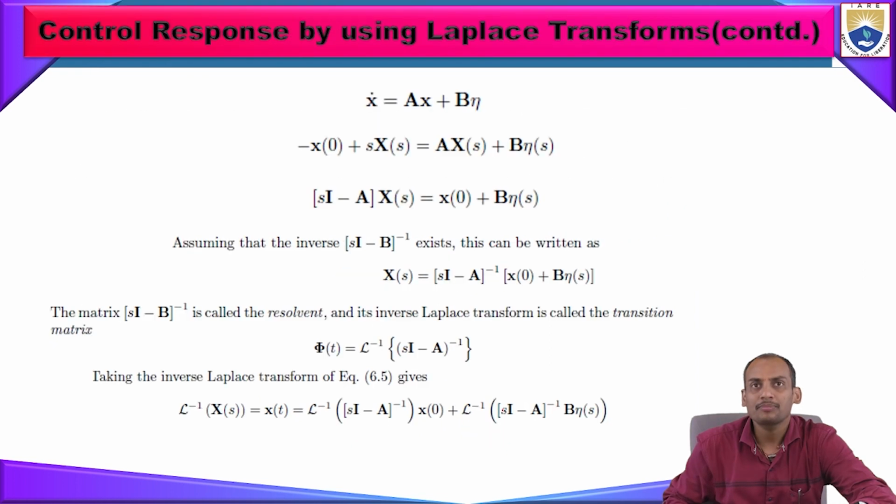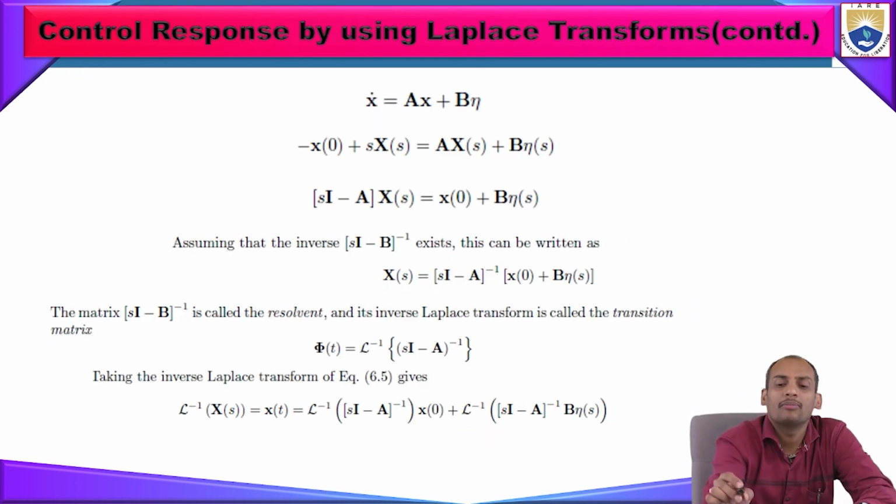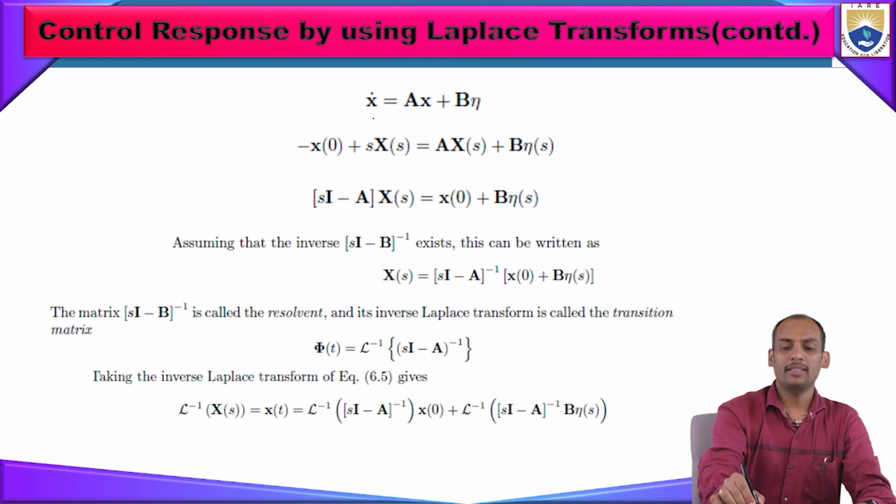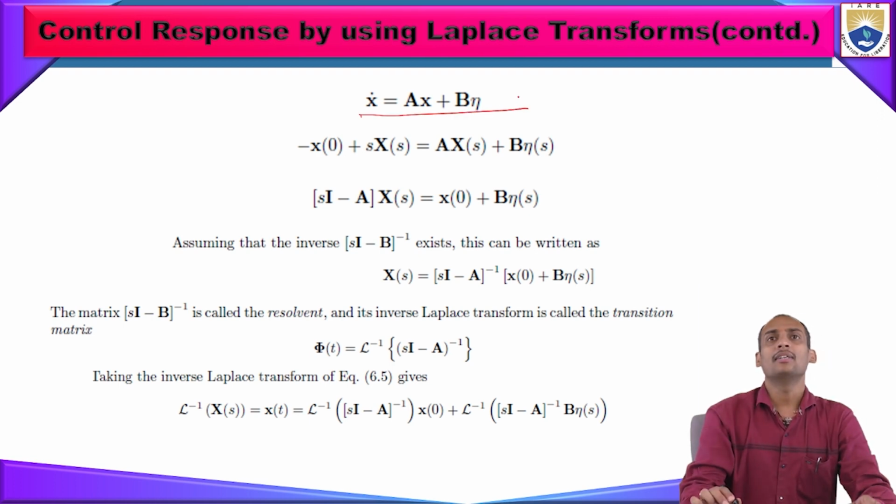So see here, some equation like x dot equals ax plus b eta. Suppose we have considered one linear function like this, in terms of x and eta.